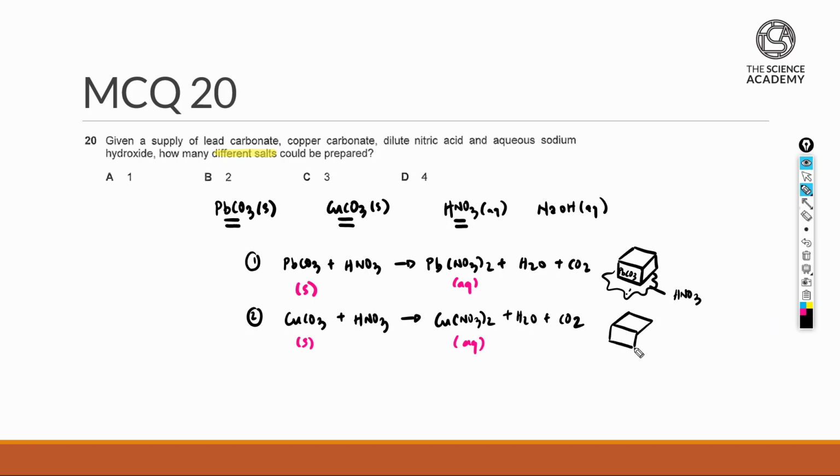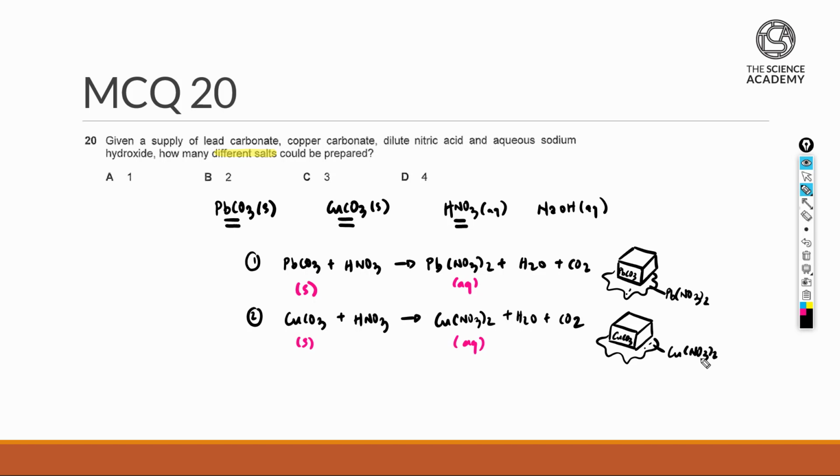So in this case, my starting solid is copper 2 carbonate. The copper 2 nitrate that's produced at the end of the day does not coat over the layer. Just a little bit of a typo here. This will be lead 2 nitrate salt, while this is going to be copper 2 nitrate salt.